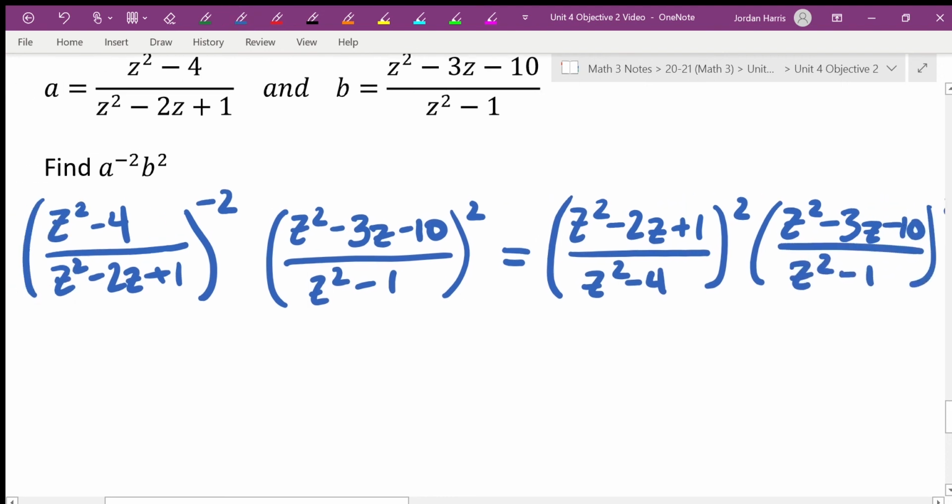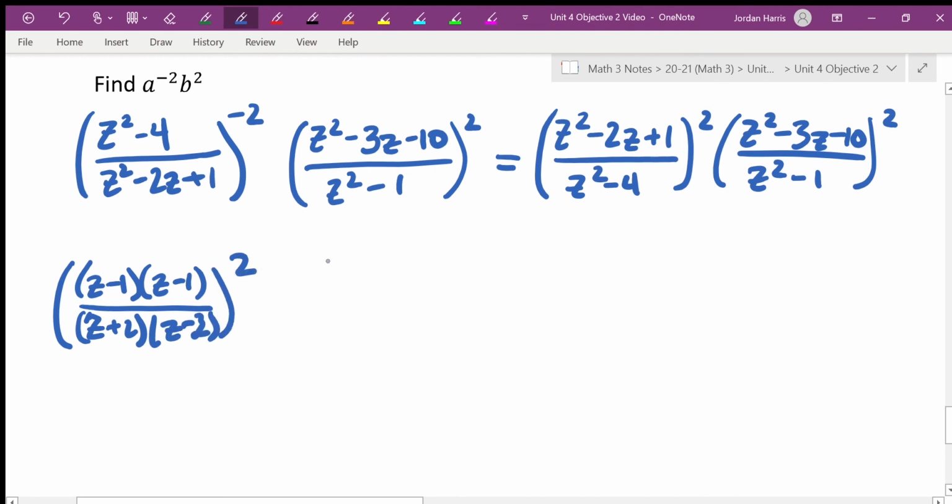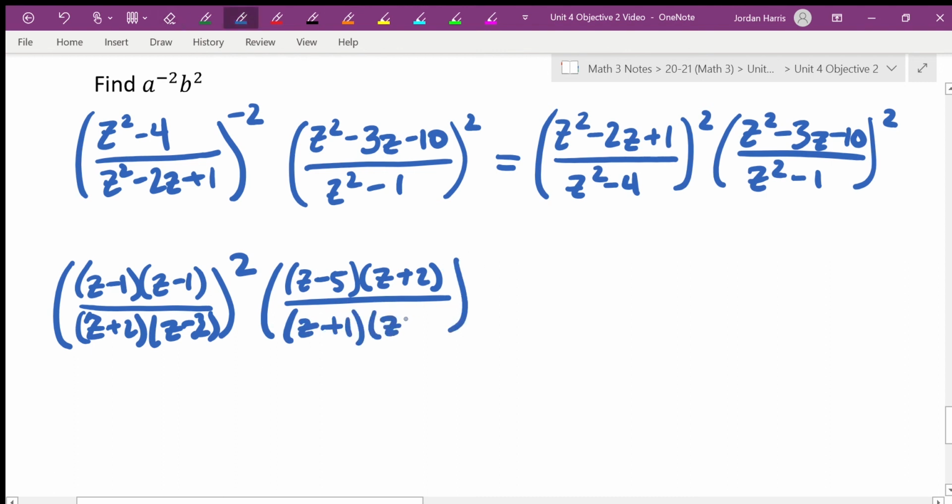Okay, so all we have to do now is simplify each thing. So the first one simplifies to z minus 1 over z plus 2, z minus 2, all of that squared. The other one is z minus 5, z plus 2 squared over z plus 1, z minus 1, all of that squared.